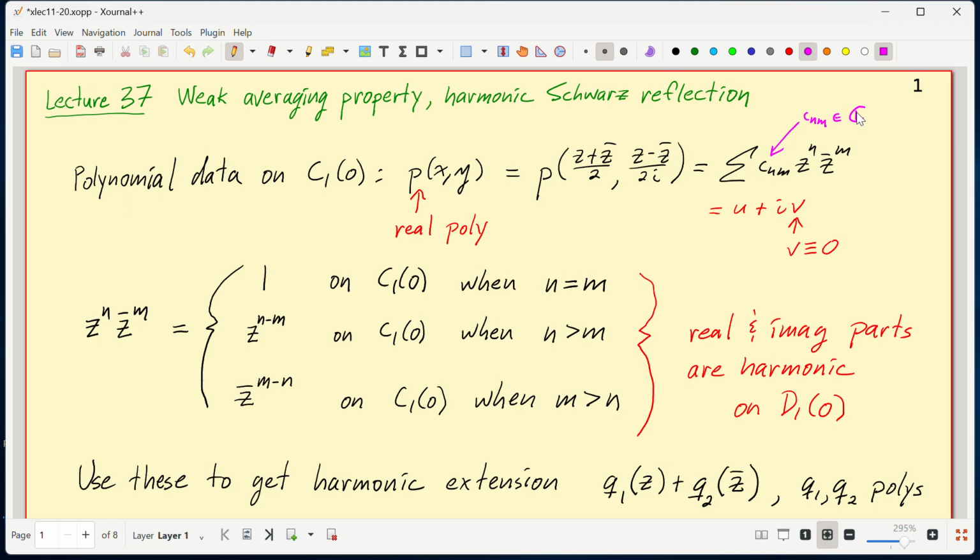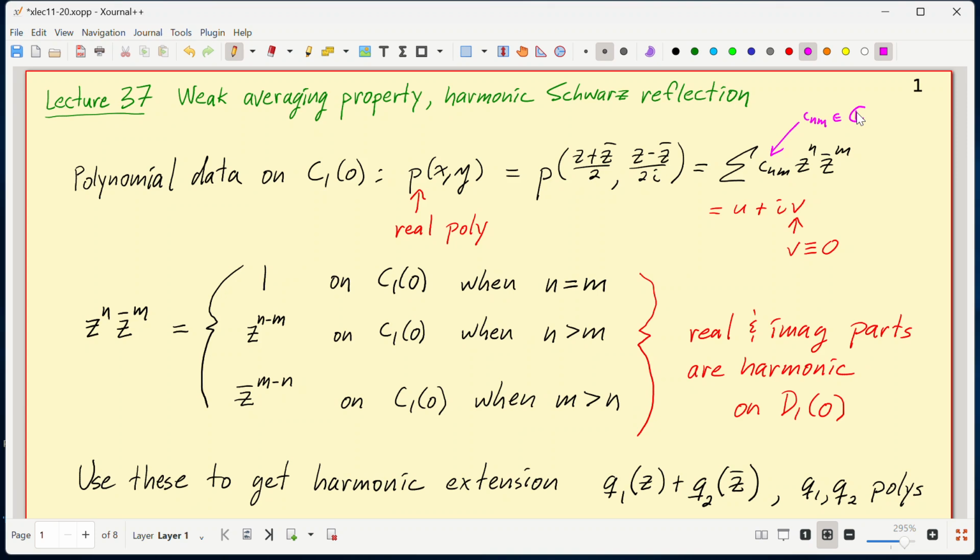Well, at the end of last hour, I was talking about some of my favorite things. I was mentioning that if you have polynomial data on the unit circle, so that'd be a real polynomial in x and y, so all the coefficients would be real, then the solution to the Dirichlet problem with that polynomial data is also a polynomial.